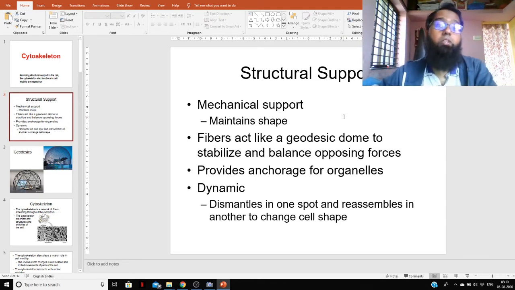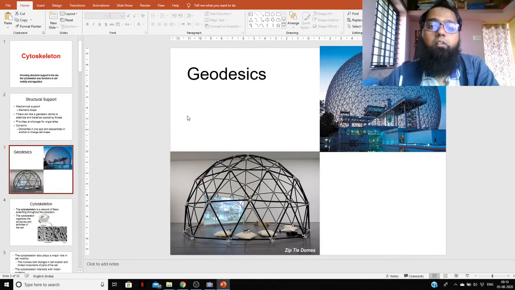Now, what is the geodesic dome? You can see it on the screen in this particular slide. These are geodesic structures, geometrical structures where a sphere is there, and at every pressure point one particular knot is there through which different bars are connected with each other.